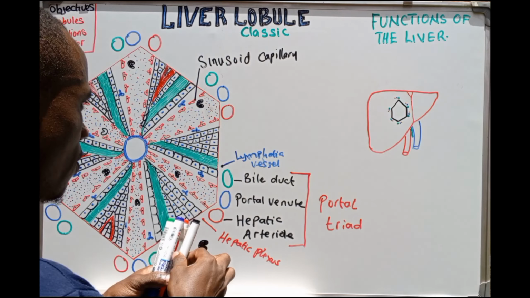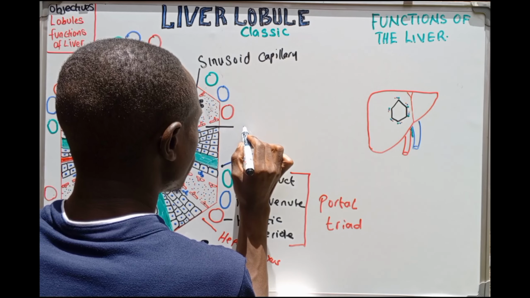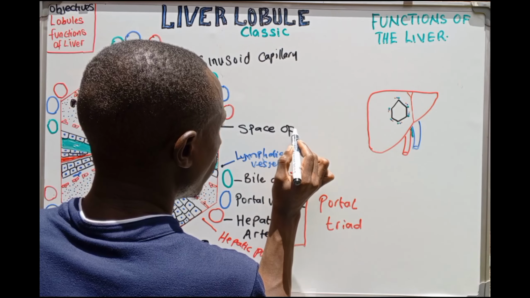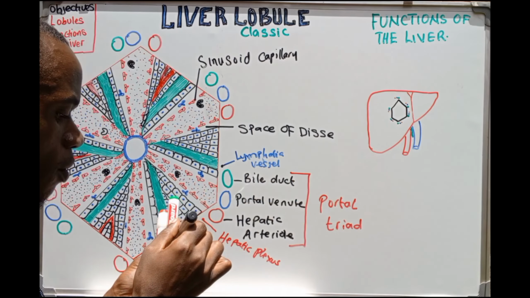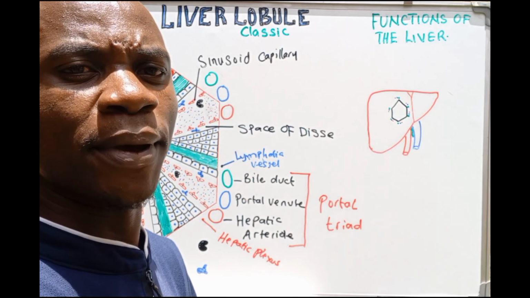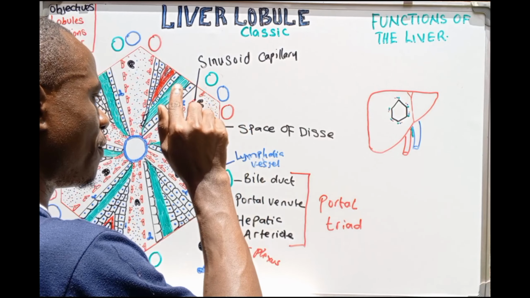How do we call this space here? This space here is what we call the space of Disse, but some people can call it the perisinusoidal space. This space is super very important.